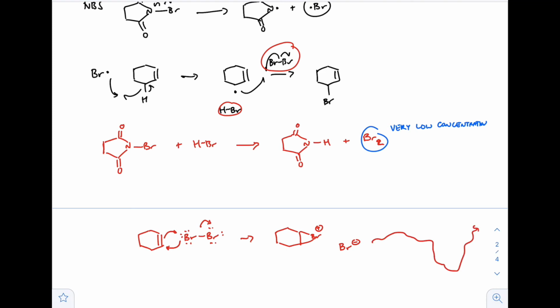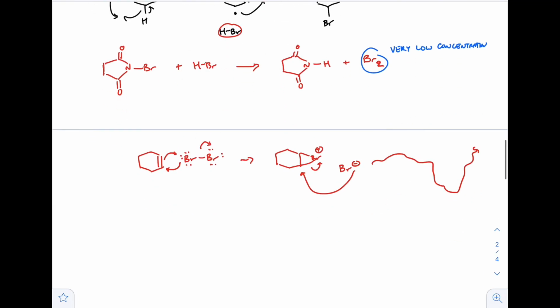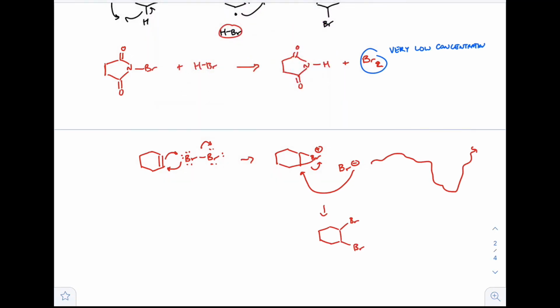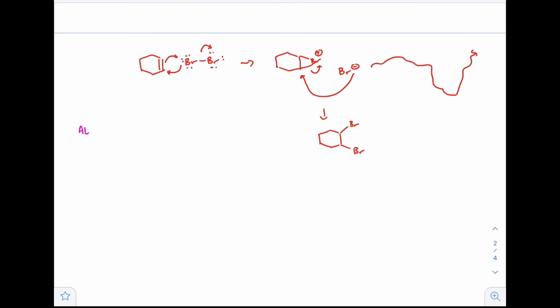But that Br minus, he's floating around in solution. He's on his way, checking some other things out. And so if you have a very low concentration of Br2, you have a very low concentration of bromonium ion and bromide.